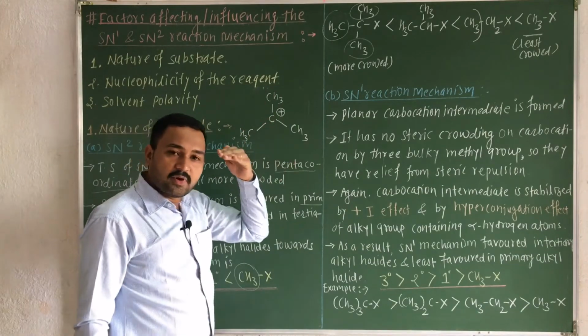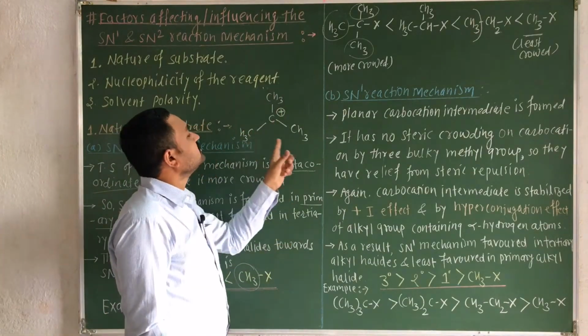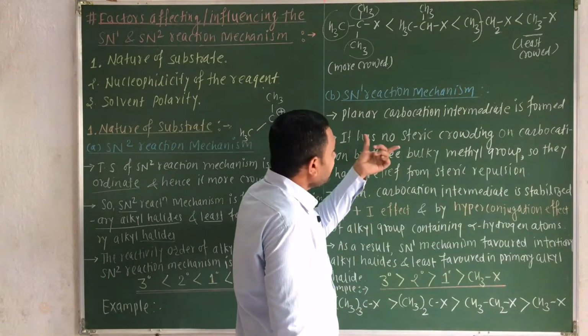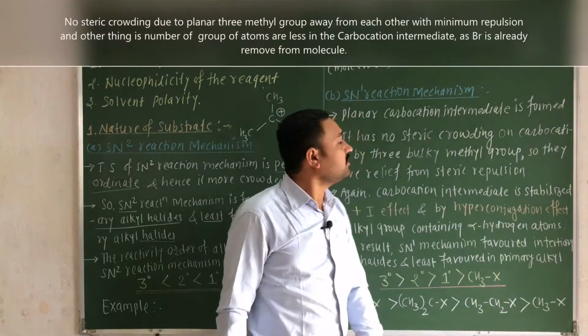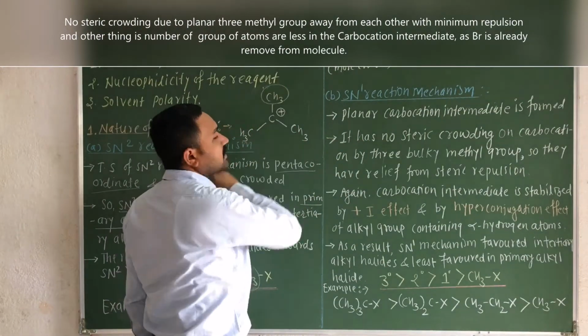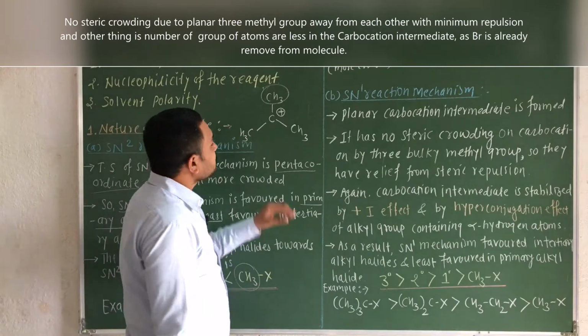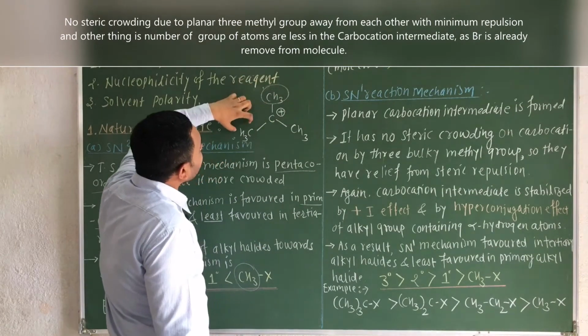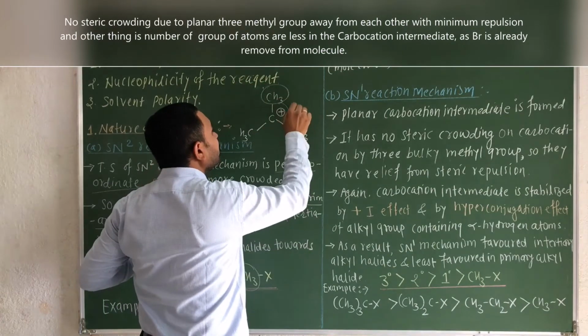So these methyl groups are arranged in one plane, remember, and there is no steric crowding in that carbocation, though 3 bulky groups are present. Just keep this in your mind. These 3 methyl groups arrange themselves with a bond angle of 120 degrees.